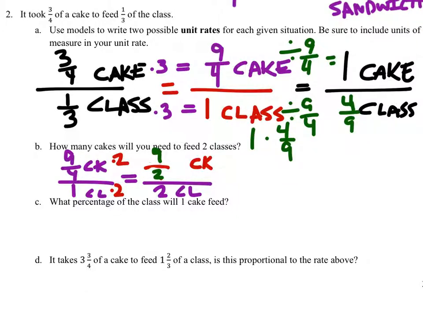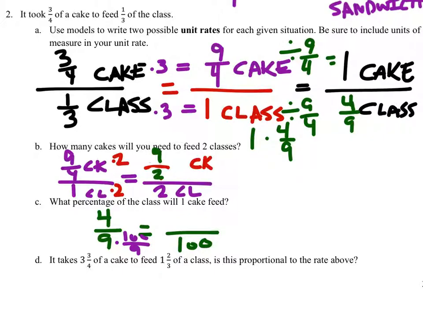What percentage of the class will one cake feed? So if I had one cake, I would feed 4/9 of the class, right? Now the problem for this is that I need to change this into hundredths. Okay. So what would I multiply the 9 by to get 100? Well, we'll do 100 divided by 9, so I can just say 100/9. Yeah, right, as the decimal.